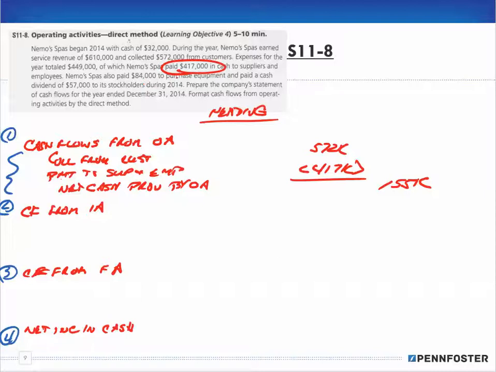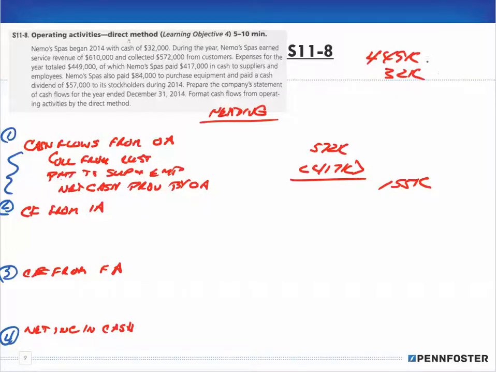Just be aware that here they're giving you the exact amount, okay? But depending upon the problem, or depending upon the way the information is presented to you, because remember, other people in the organization, if you're in a business, they don't know how you're supposed to get the information. You're the quote-unquote accountant, and your bookkeeper comes over and says, oh yeah, I had 449,000 in expenses, and our accounts payable is 32,000.